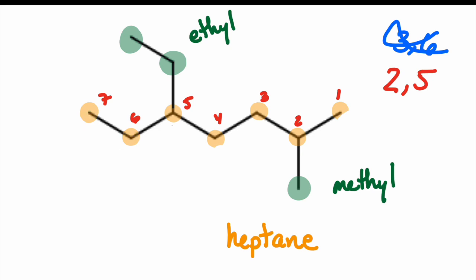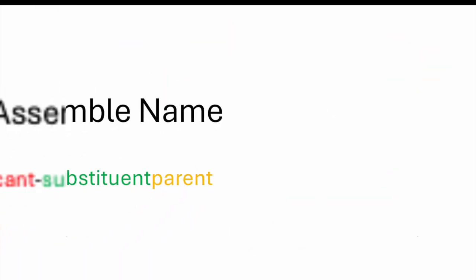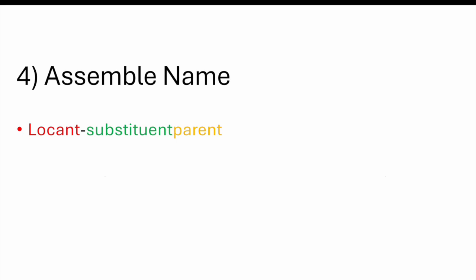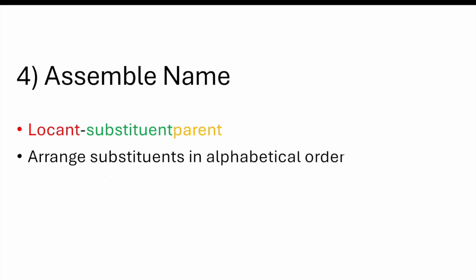Okay, so then how do we build this together here? Our last step is to assemble that name. Now we have multiple substituents. So if we have multiple substituents, we're going to arrange them in alphabetical order when we put our name together.